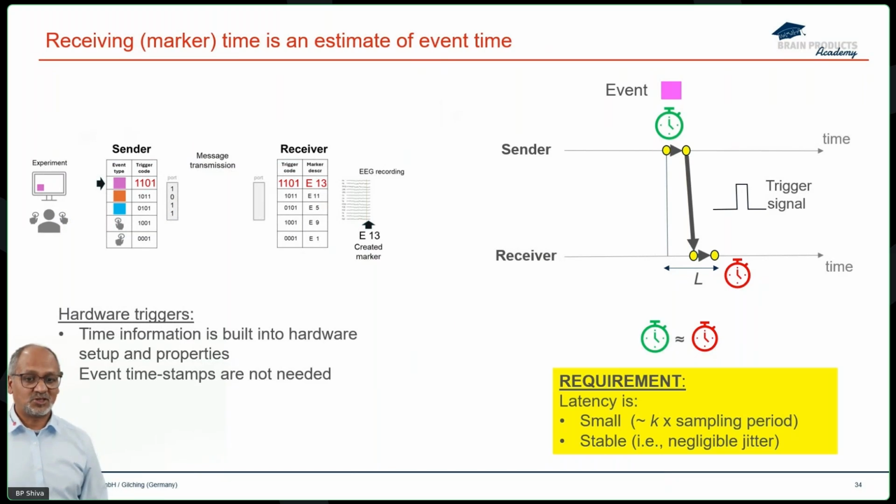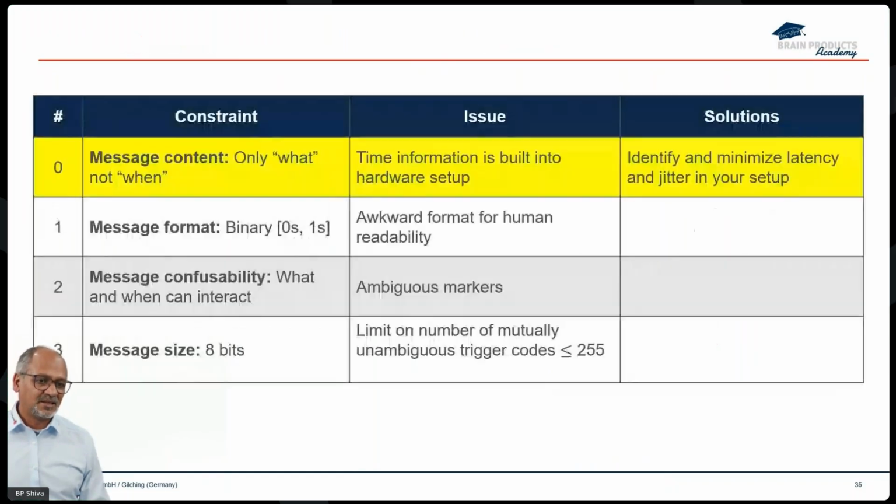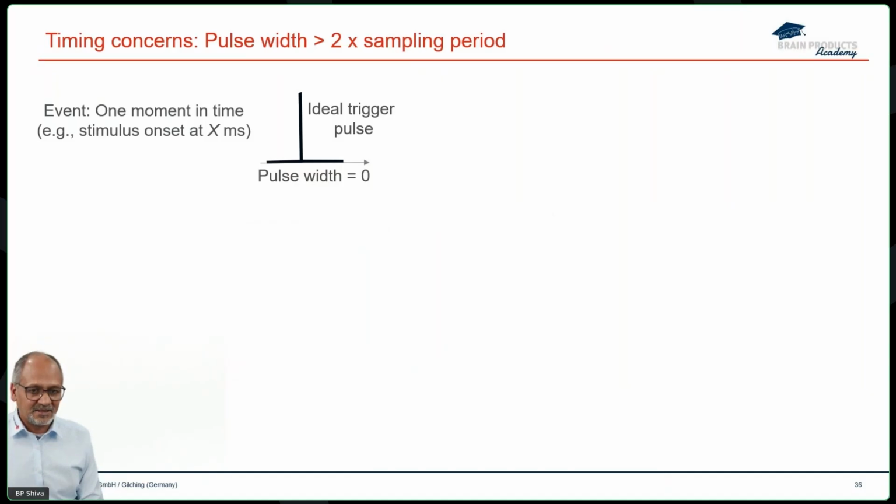So there is no need to share timestamps and stuff like that. But of course, making sure that these assumptions are met is a critical demand. You need to make sure to identify and minimize latencies and jitters in your setup. This can be quite challenging, and important as a first step to using triggers.